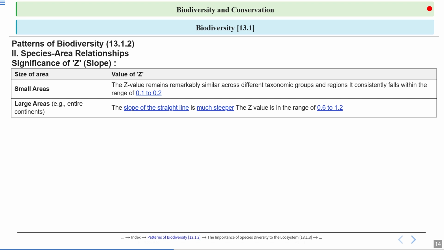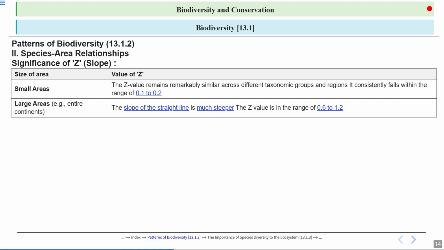And then you can see for larger areas, for example, an entire continent, you have a steeper Z value. So the slope of the straight line is much steeper, and the Z value will be higher. It will be in the range of 0.6 to 1.2. So if the slope of the straight line is steeper, then you will get a higher Z value, and the slope of the straight line will be steeper in the case of larger areas such as continents.